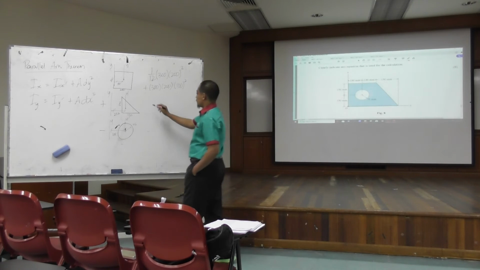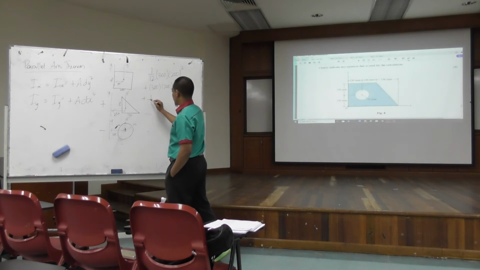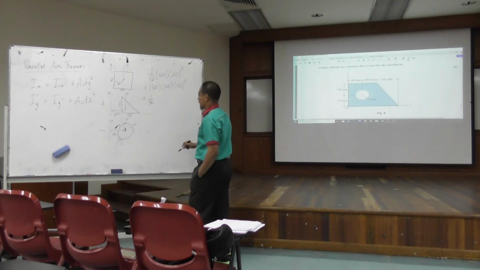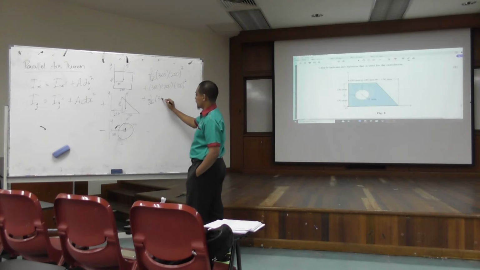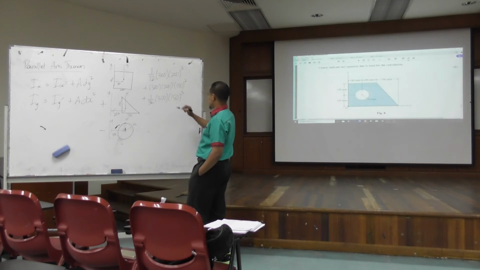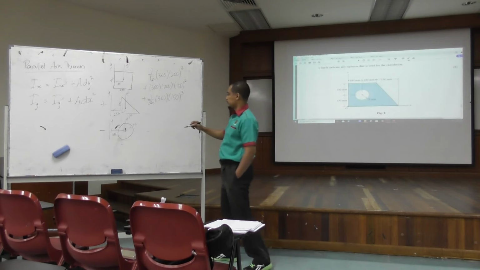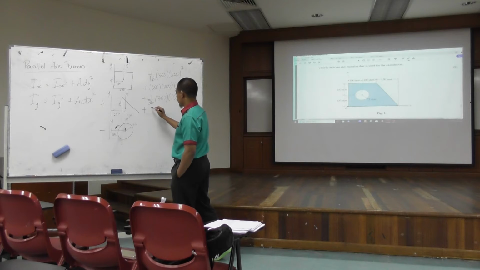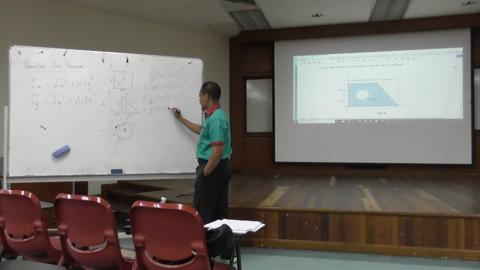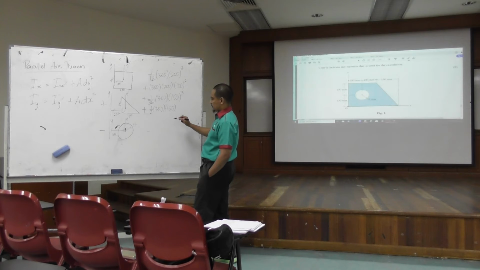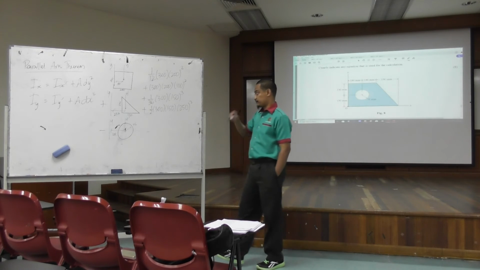So plus here 1/36 times 300 times 150 cube, plus area half times 300 times 150, and dx square is 250 square.